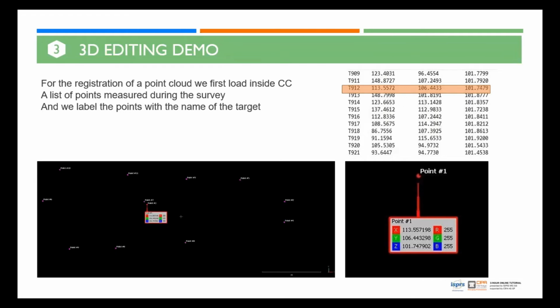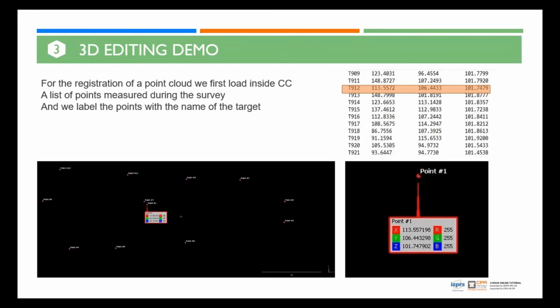So what we have at first is a list of points that are gathered from a control network survey. So we know that all of these points have a coordinate system that we want to use as our reference system.